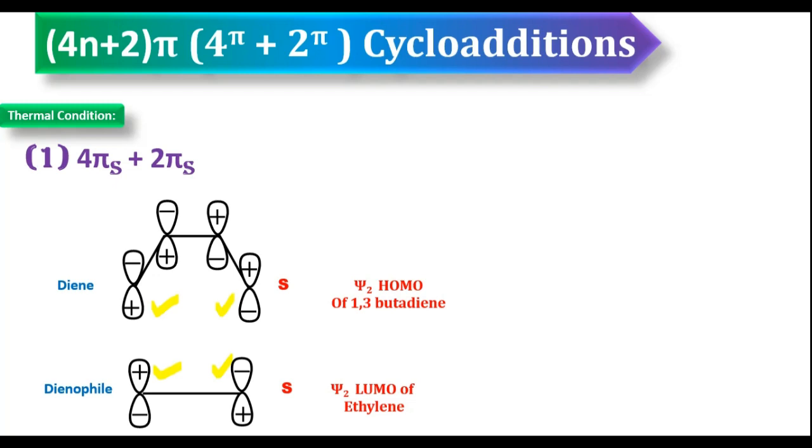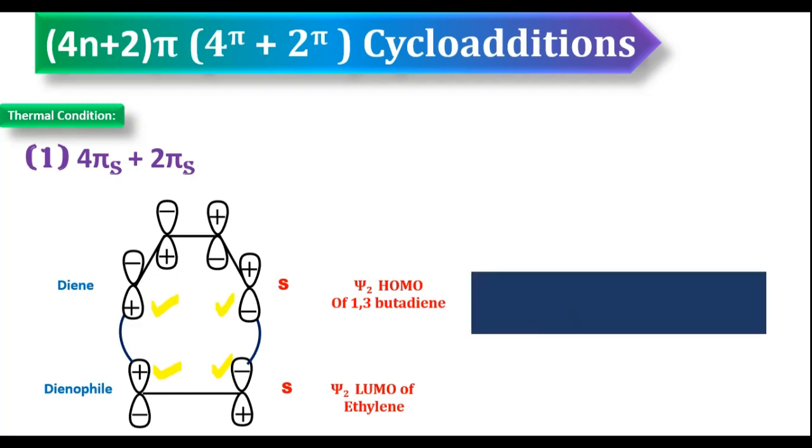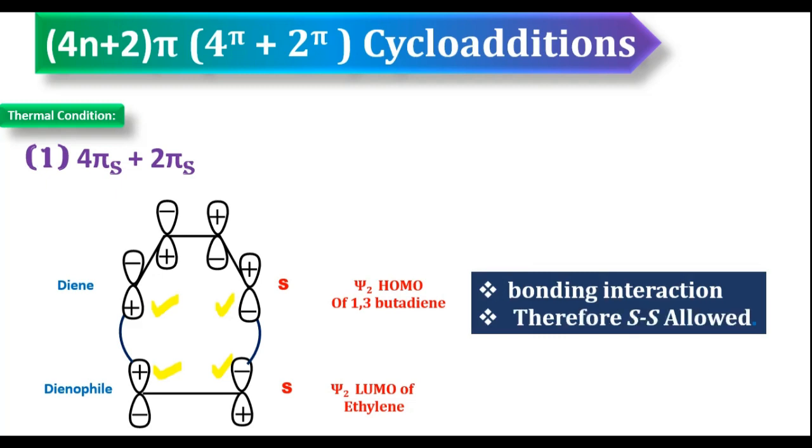Now connect these two lobes, and again connect these two lobes. Check the interaction here: plus interacted with plus, bonding interaction, minus interacted with minus, again bonding interaction. Therefore, for 4 pi 2 pi cycloaddition, supra mode of addition is giving bonding interaction. So that's why supra is thermally allowed.